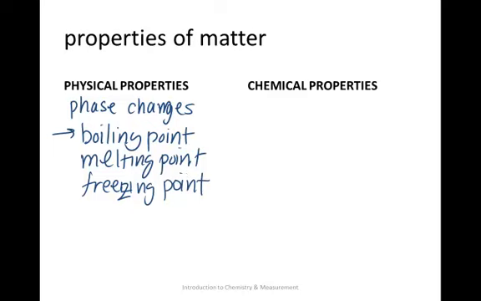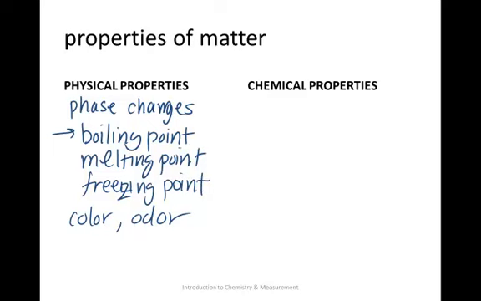Usually anything that we can observe with our physical senses, of course, does not alter the atomic arrangement. So things like color or odor. We can see that water is colorless, doesn't have a distinct odor, and none of those observations would rearrange hydrogen and oxygen.